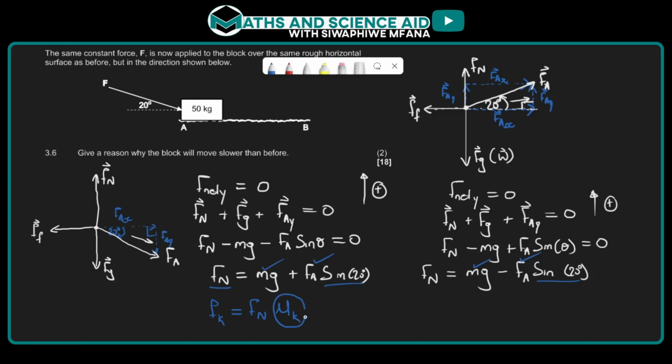And this is still going to remain the same as before because it is still the same surface as explained in the question, and it is still the same block. But now the normal force is greater than before. So this means that the kinetic friction will also be larger than before. And so this block is now going to move slower than before because there is going to be more friction. And so this is how you can answer question 3 of this question paper.